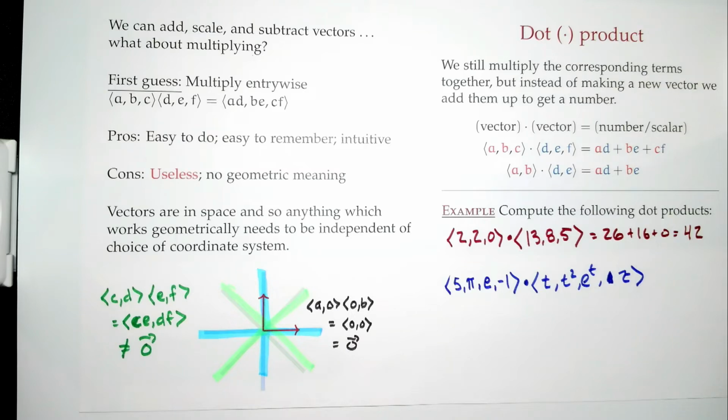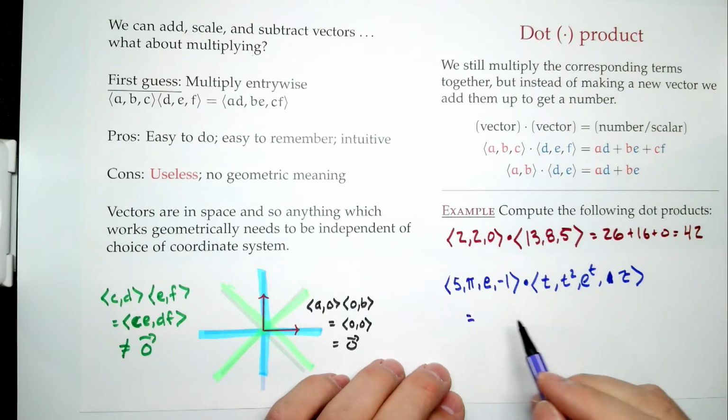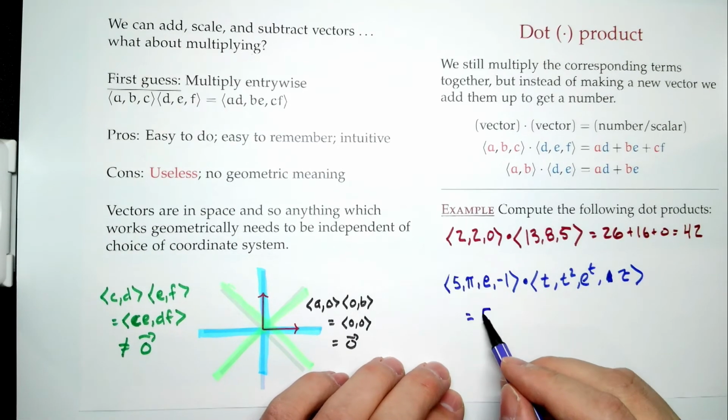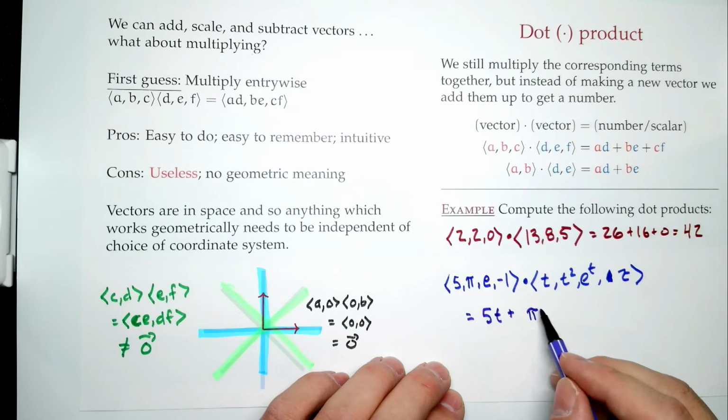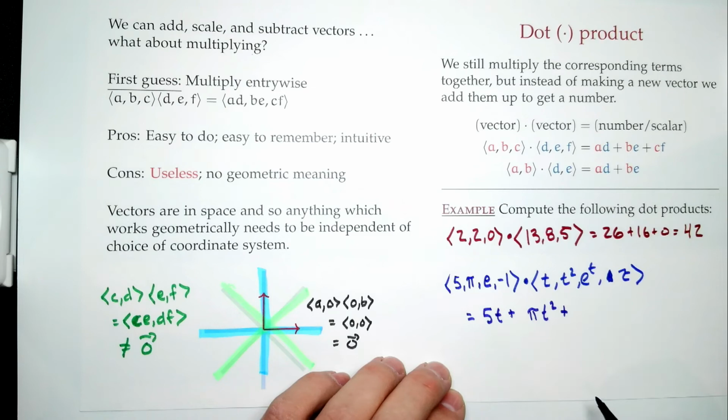And as we go on through the semester, we want to be able to get to the point where we're comfortable with functions in these vectors. And when I say later in the semester, like next week, you know, so we're not that far off. Okay, so what would this be? 5t plus pi t squared plus, ooh, you're being fancy.